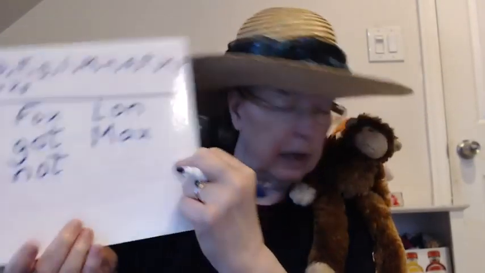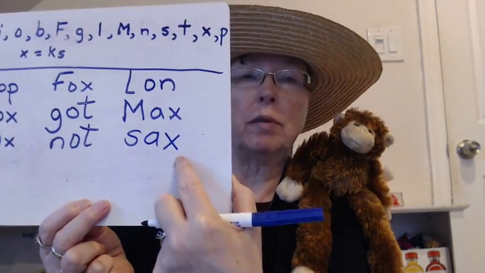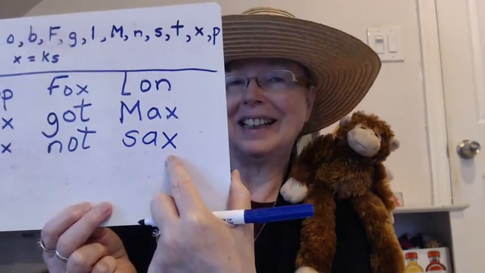All right, and we're just going to take away the M, replace it with a lowercase s, and we have sax, short for saxophone, an instrument that you play.